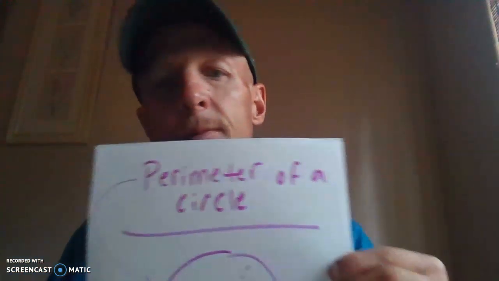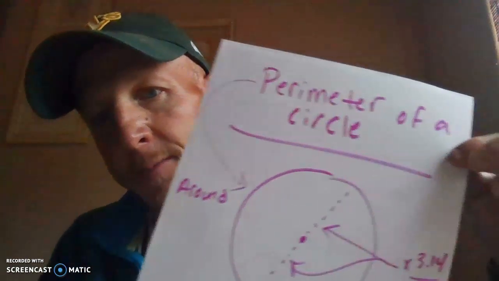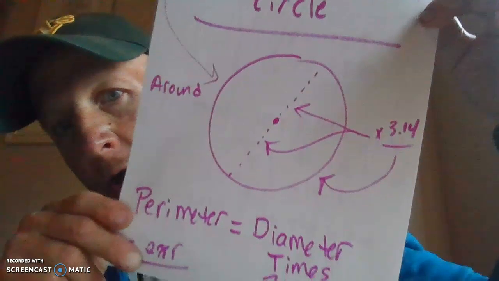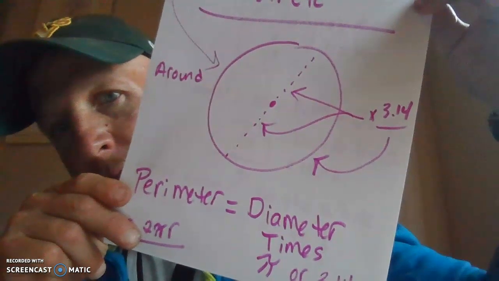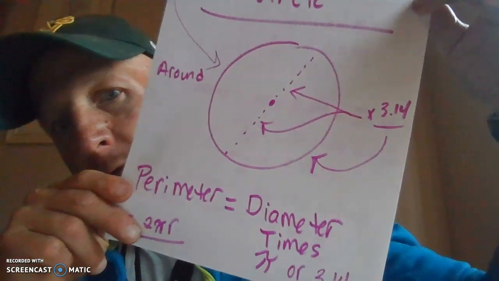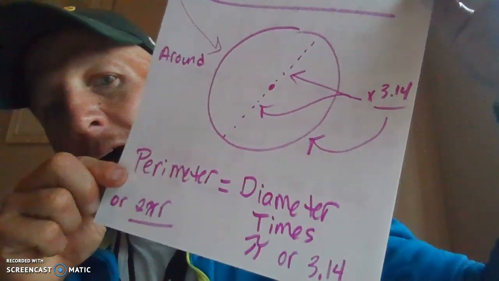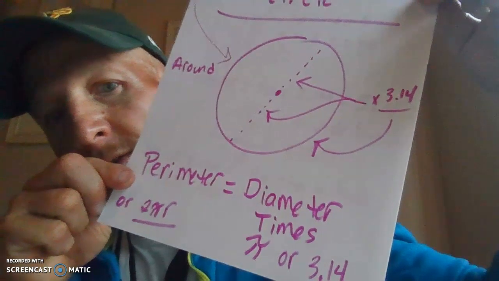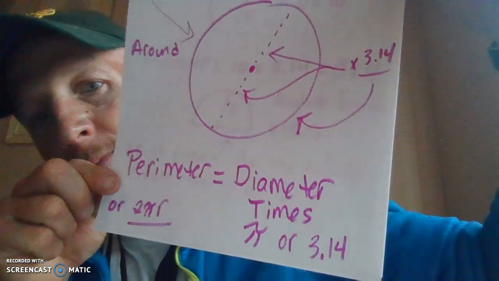So now let's look at perimeter. The perimeter of a circle is the distance around it, okay? Sorry, this is backwards when I move things. So remember, the perimeter is the diameter times 3.14. You'll also see this as 2 pi r. So I'm going to take 2 radiuses and multiply by pi, or the diameter times 3.14.